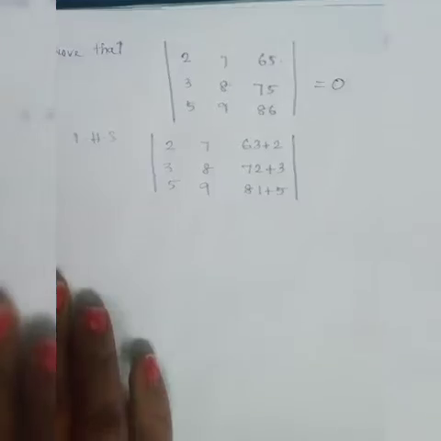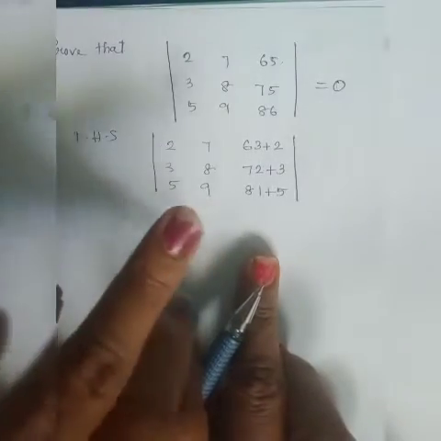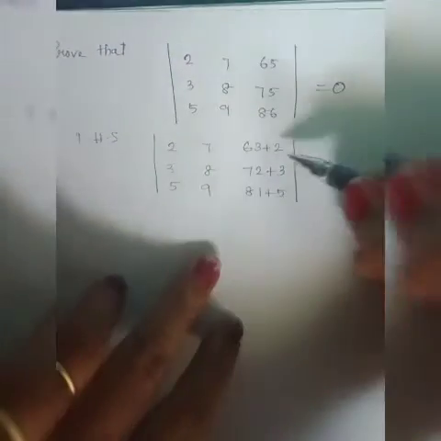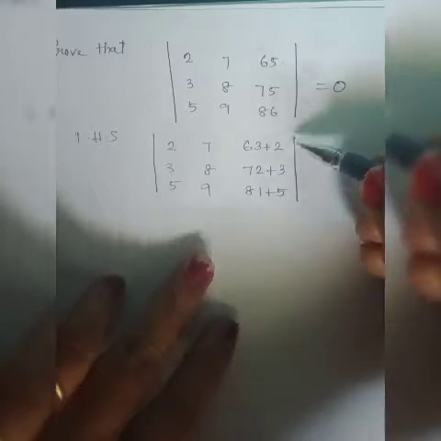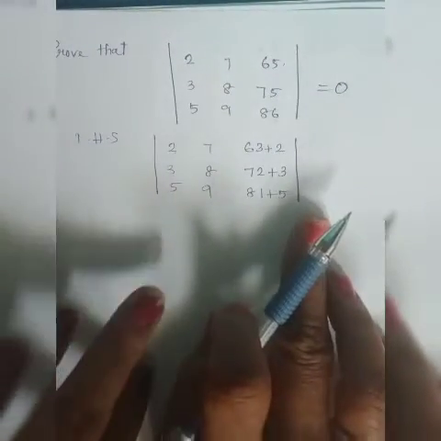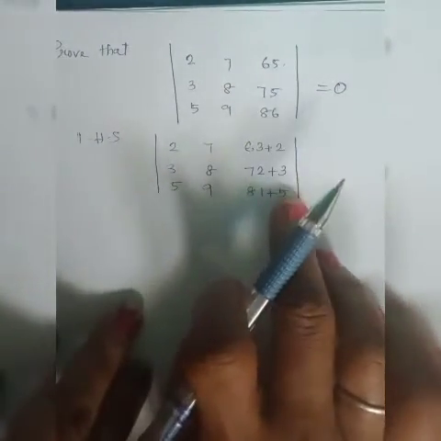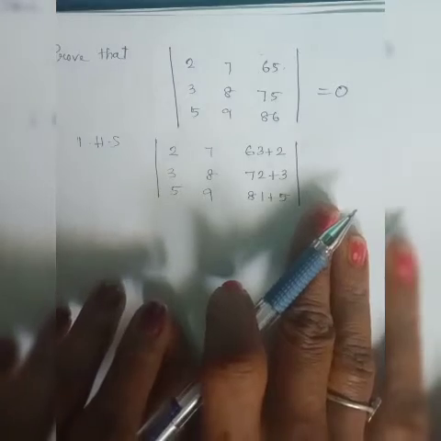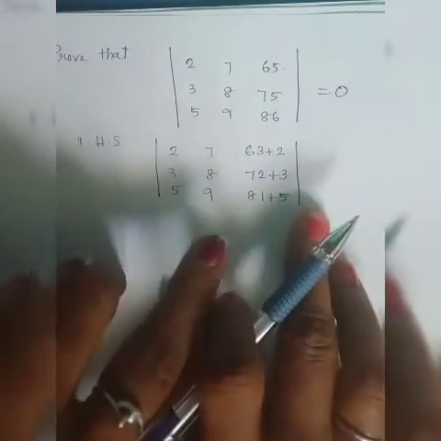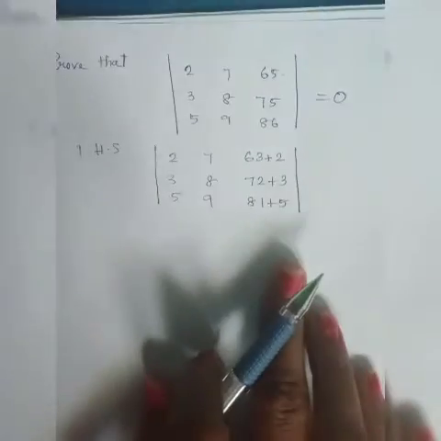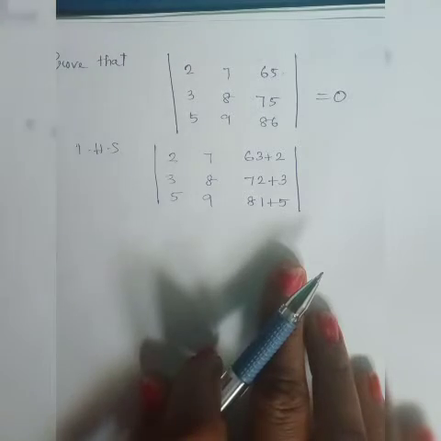And we have a property that if every element in any column can be expressed as the sum of two quantities, then the determinant can be expressed as the sum of two determinants of the same order with the elements in the remaining columns. That is one of the properties of determinants.